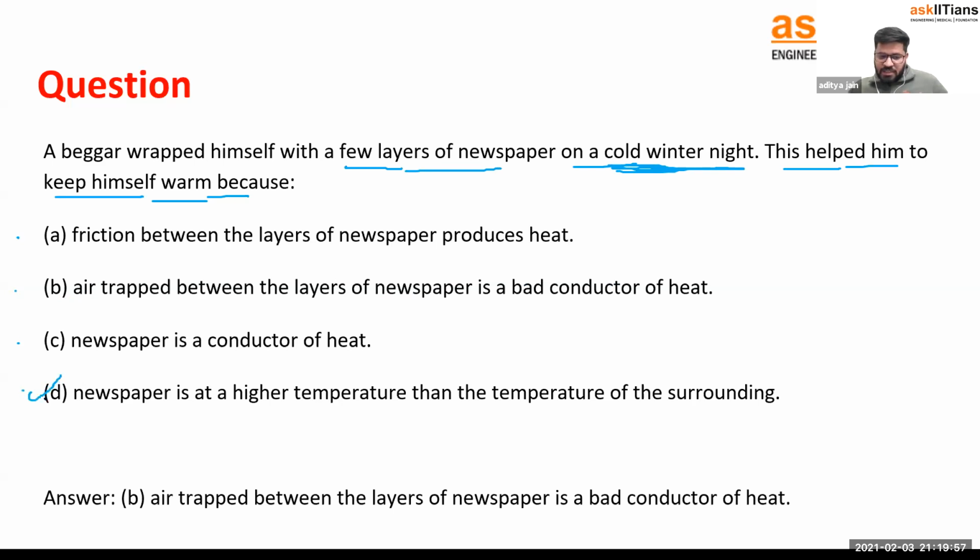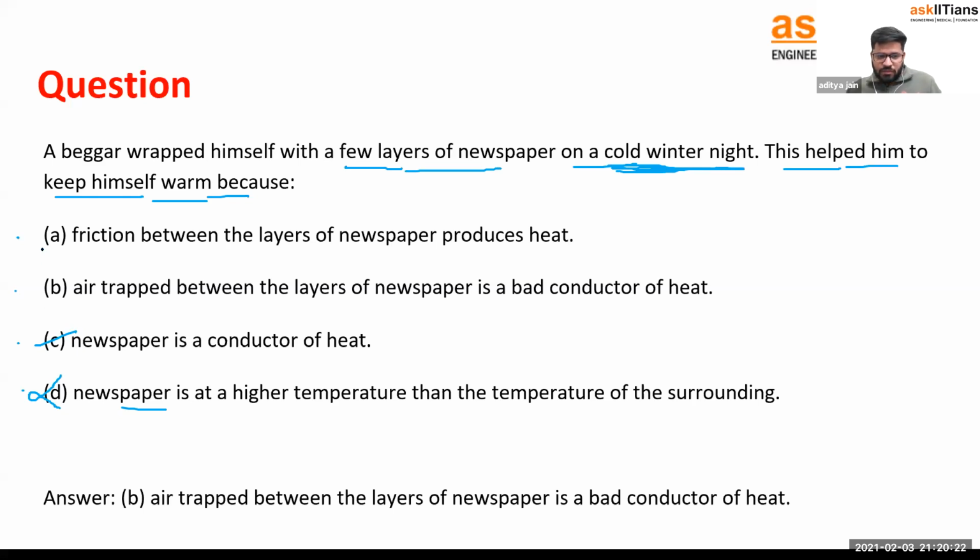Obviously, this last option is wrong, because the temperature of outside air on a cold winter night is lower than that of the newspaper. Okay, so that is a correct point, but the reason is different. Newspaper is a conductor of heat? No, it is not a conductor.